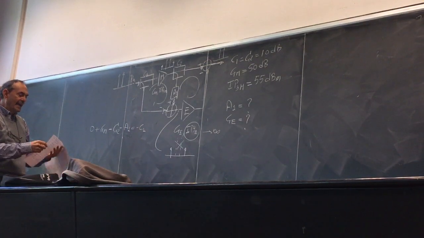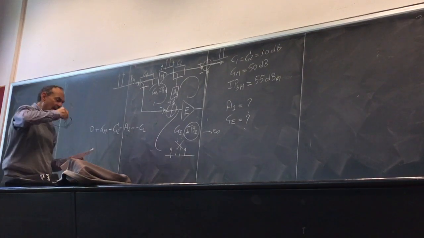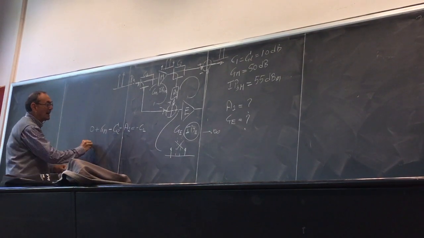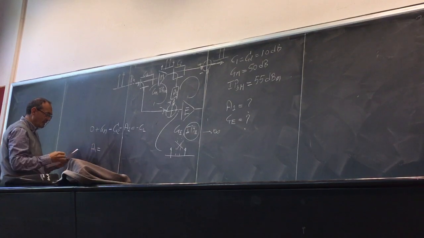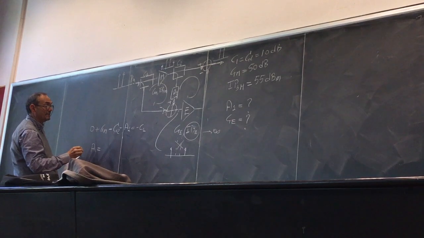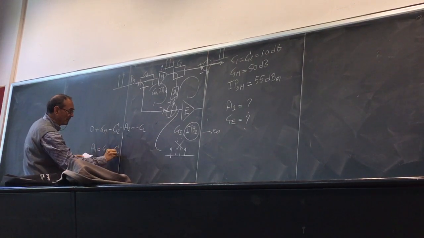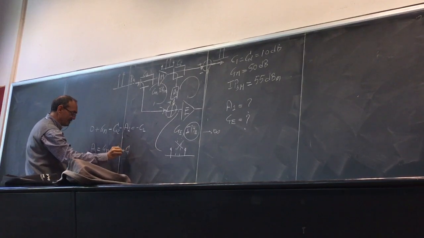At this point, we can obtain A1. A1 is equal to GM minus C2 plus C1.